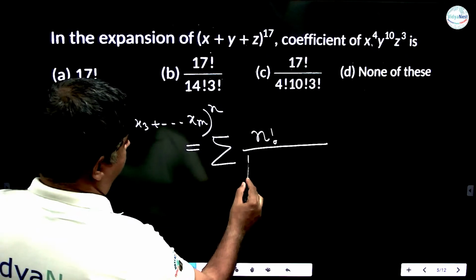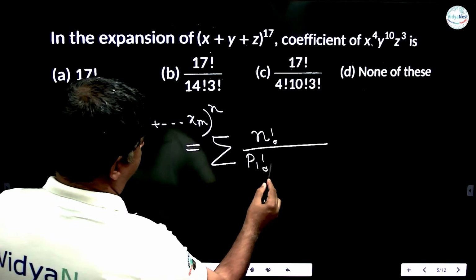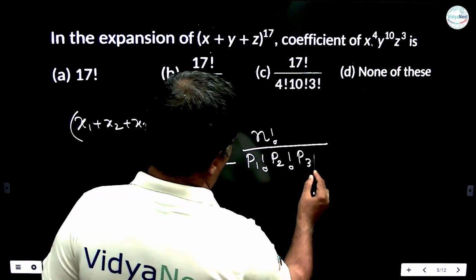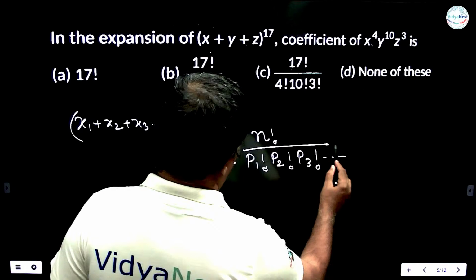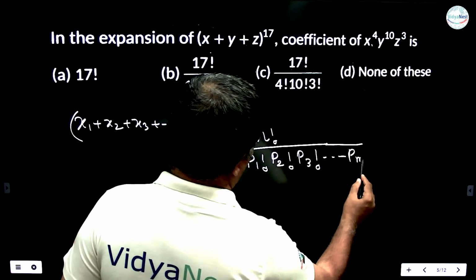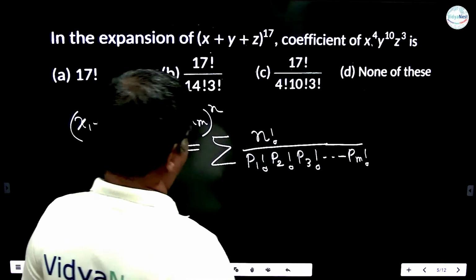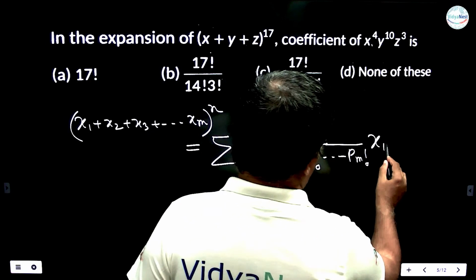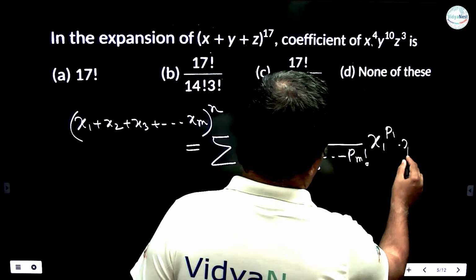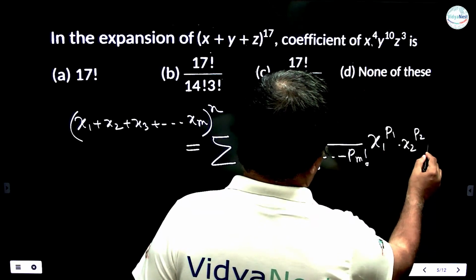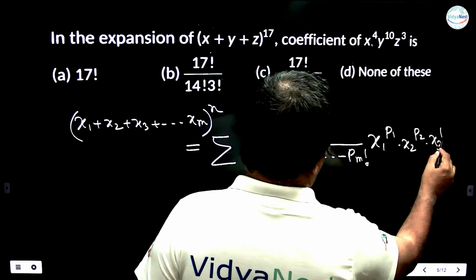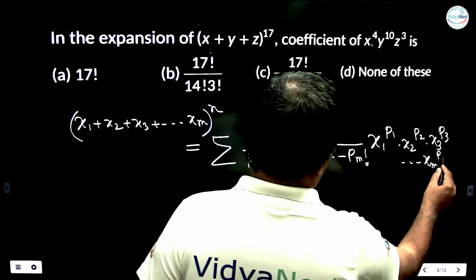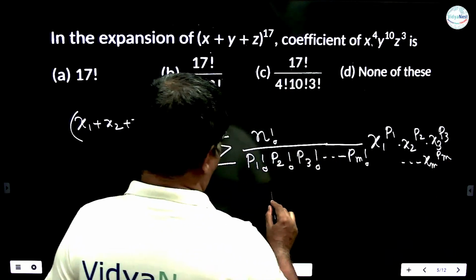See p1, p2, p3 up to pm, where x1 repeats p1 times, x2 repeats p2 times, x3 repeats p3 times, xm repeats pm times.